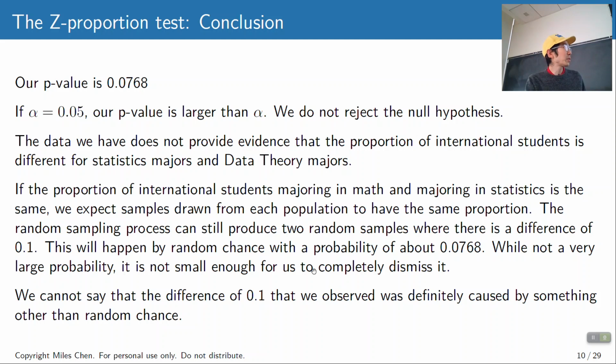And this happens by random chance with a probability of around 7.68%, okay? Not a large number, but not small enough to completely dismiss it. So this difference of 10 percentage points, we can't conclusively say it was caused by something other than random chance. So we would not reject the null hypothesis.